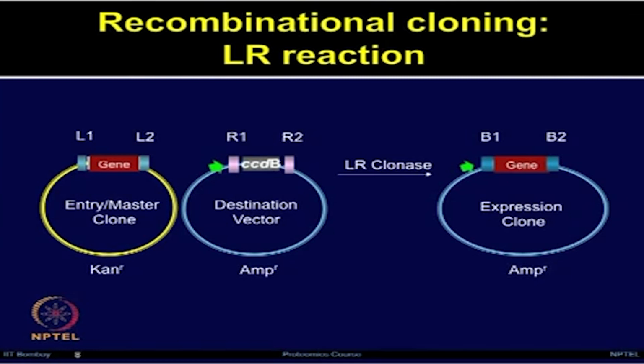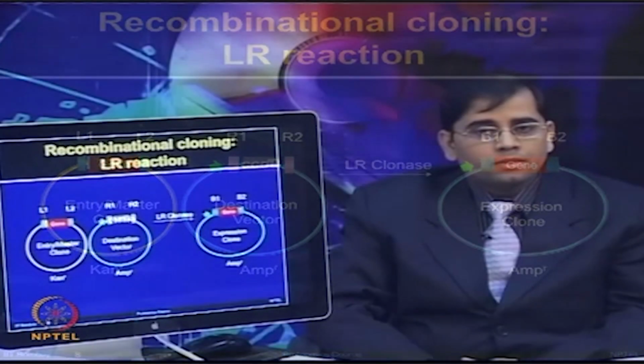As you can see in the slide, you have the entry clone or master clone which was selected on the kanamycin plate. Now, next you want to transfer that in the destination vector which contains another antibiotic gene which is ampicillin resistant gene. Now, this one, the destination vector contains R sites at R 1 and R 2.